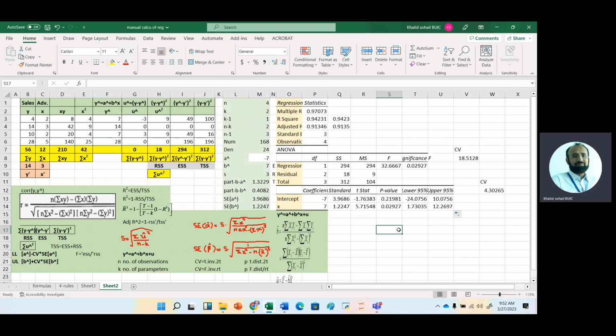Now, while running the regression, you will get exactly the same output that we are getting by applying different formulas and with the help of manual calculation.